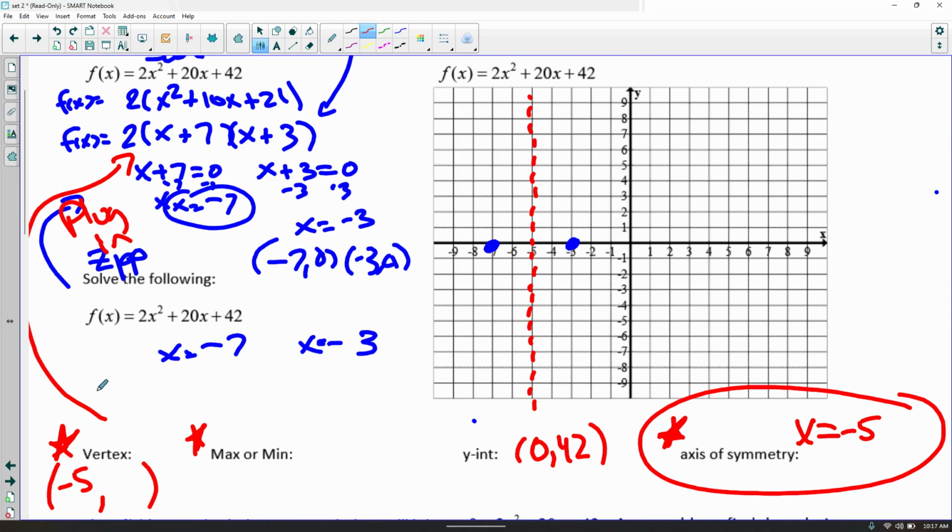So that means it'd be like 2 times -5 plus 7 times -5 plus 3. Right, Kate? Make sense? So I'm finding f of -5 is what I'm doing. What is -5 plus 7?